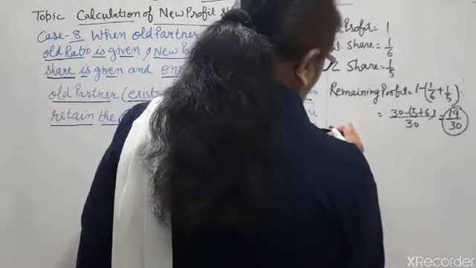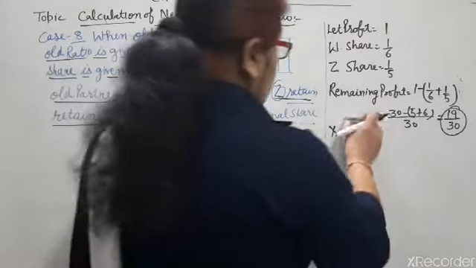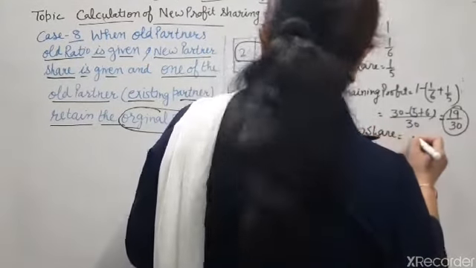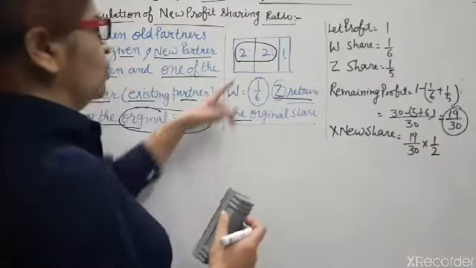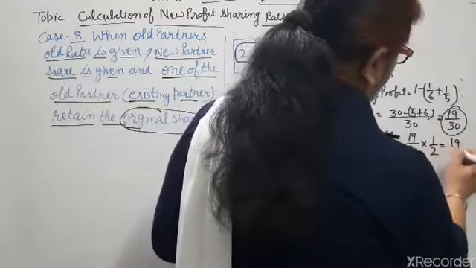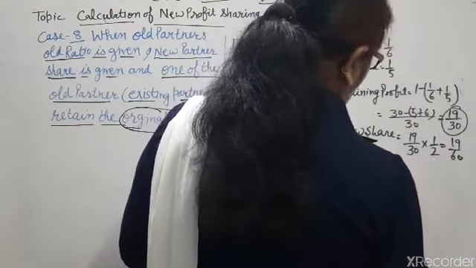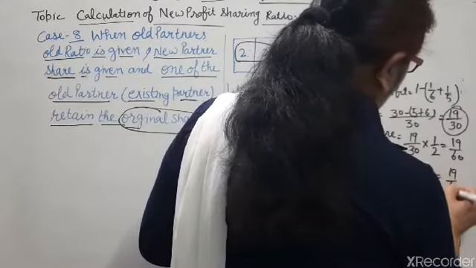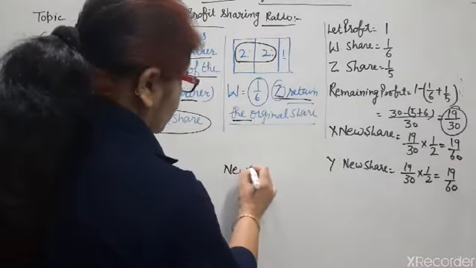So X's new share is equal to 19/30 into 1/2. 2:2 means 1:1, so 19/60. And the same, Y's new share is 19/30 multiplied by 1/2, that is 19/60.